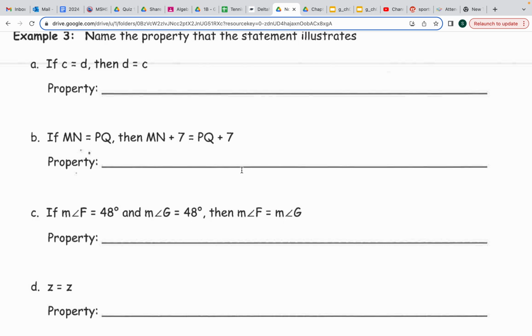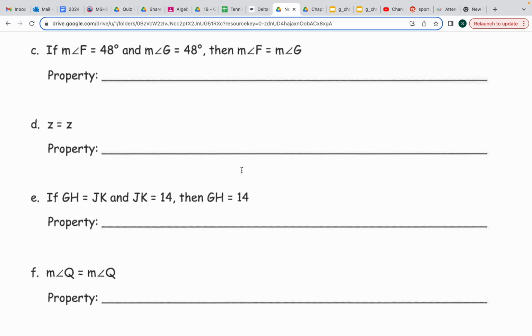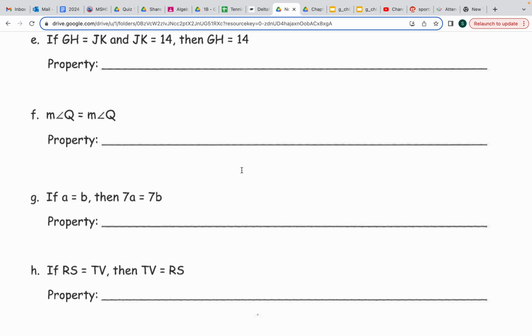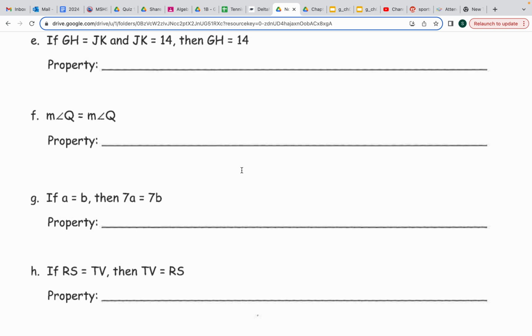All right, then what about D? Yeah, this is reflexive. Okay, D is going to be reflexive property. All right, I'm not going to write it down because I'm going to move up. Let's look at these four real quick. All right, what do we think E is going to be? E is also transitive. What about F? The one you did earlier.